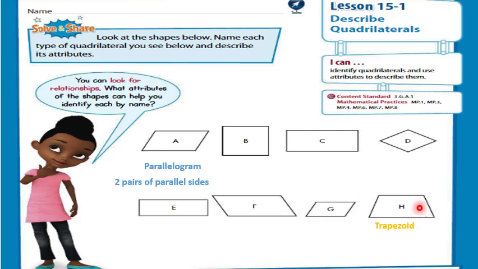Why is this shape a trapezoid? Very good, because it has exactly one pair of parallel sides. Now likewise you have to write the names and then write why you have written that name, the attribute of that shape, for all of these shapes.